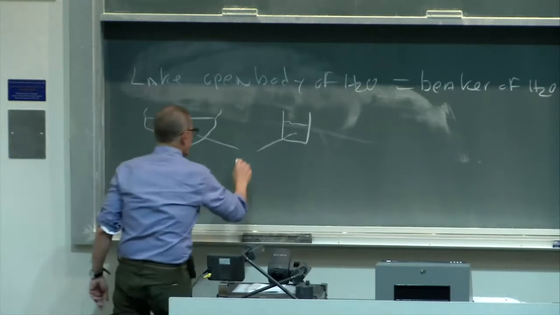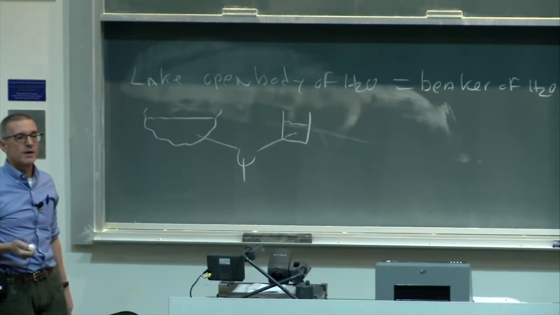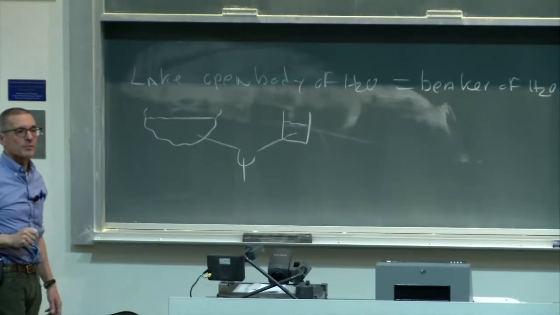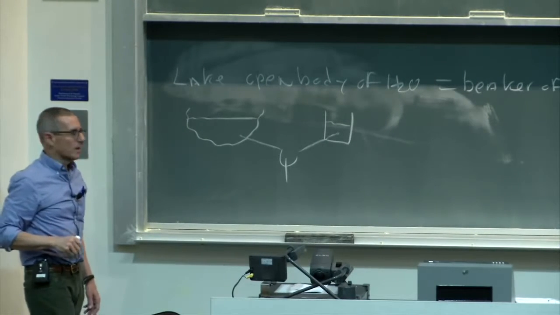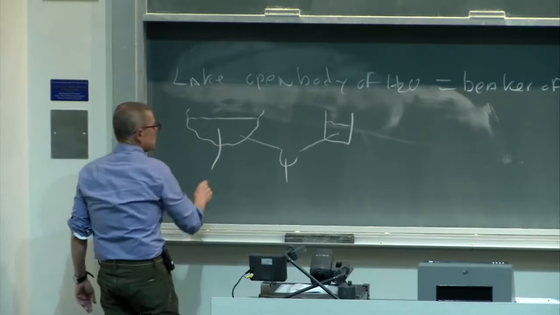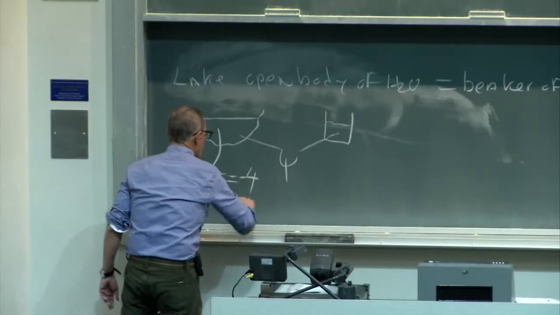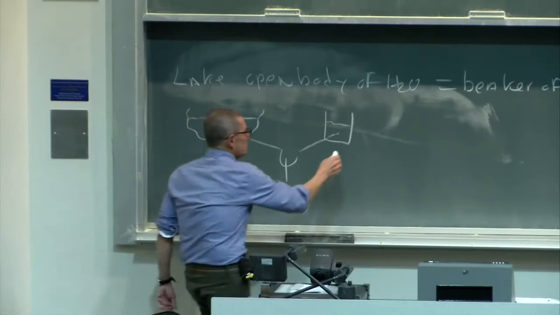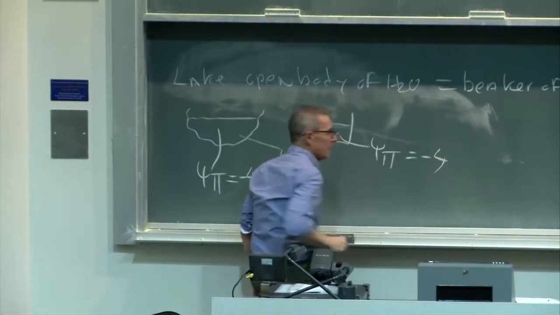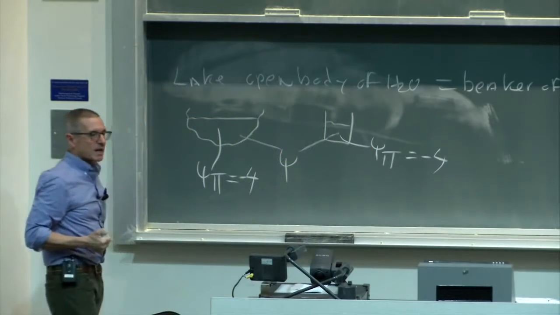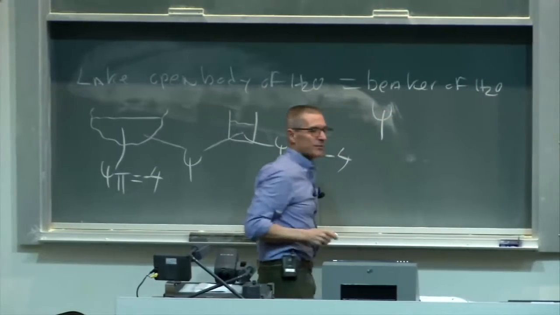They both have a psi, although in this case, let's assume that some of the water from the beaker is from the lake, so they have the same water potential. And if I told you now that the solute potential of the lake, psi sub pi, equals -4, which would mean, since this is the same water, so you now know the size of pi, and I asked you to calculate the water potential given that information.